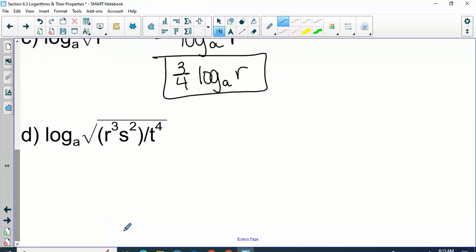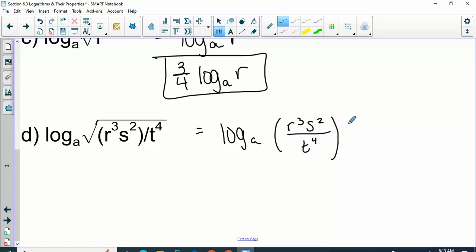Right. D. Wouldn't you just take all of those to the square root, or 1/2? Yes. So let's start there. So we have log base A of r cubed s squared over t to the 4th, and that was all under a square root, which is a 1/2 power.